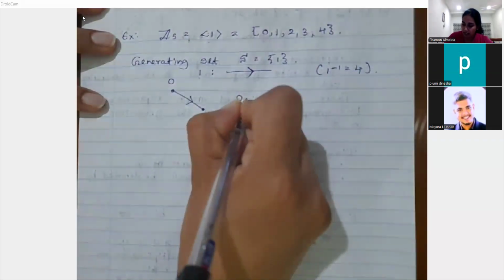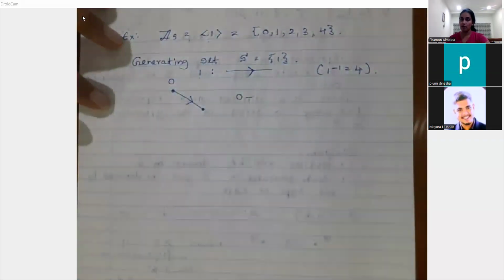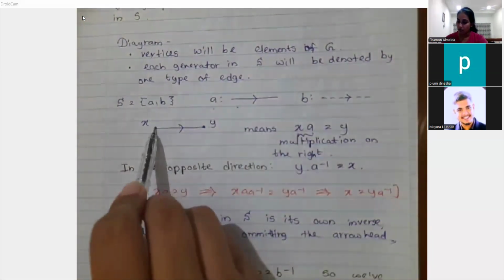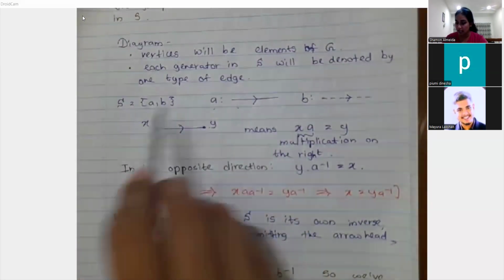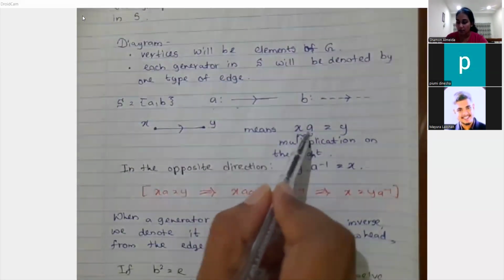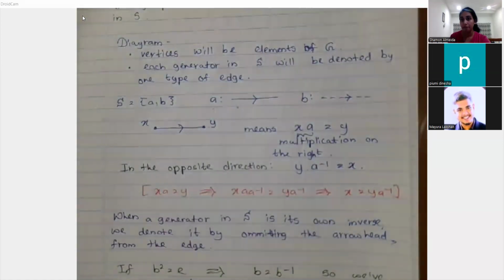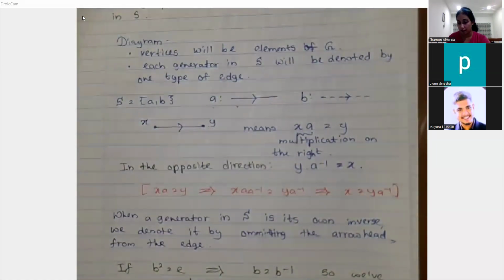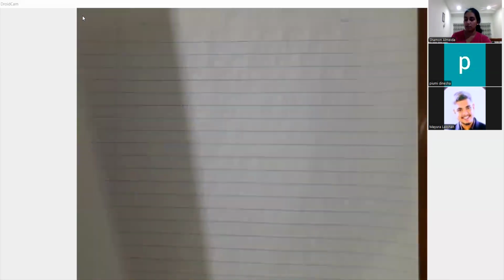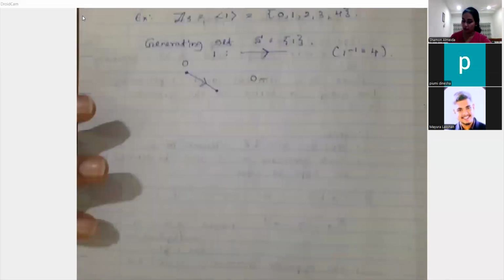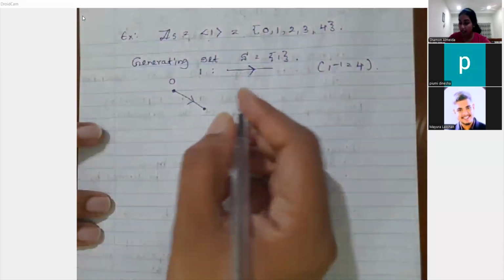If you go back to the definition, between two vertices when you have this edge, this means x times a. This multiplication simply refers to the binary operation defined on the group, and it must equal the other element in the group.